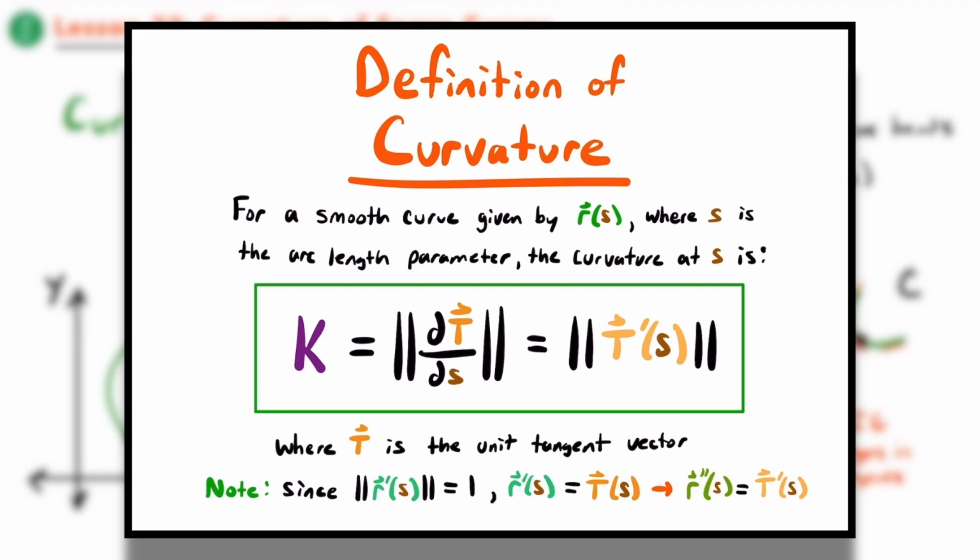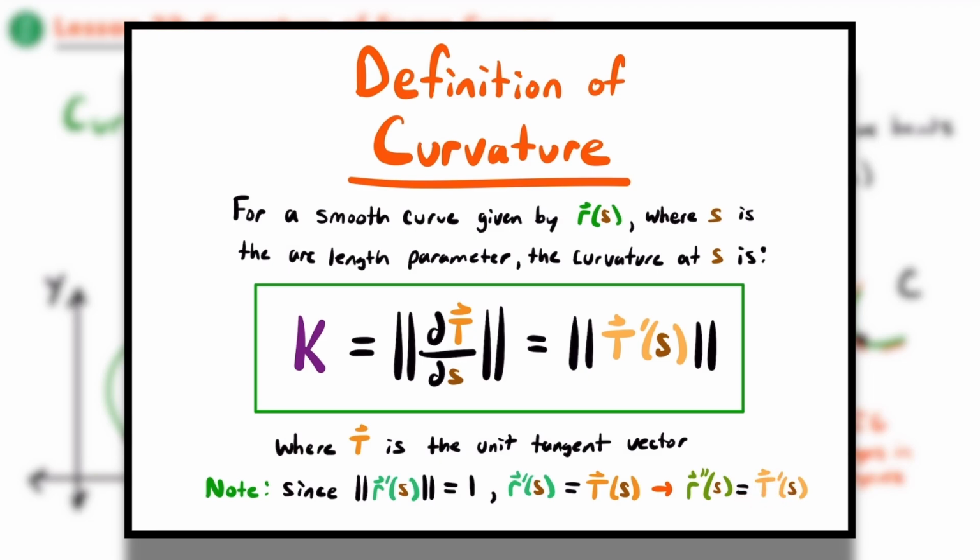So because of that, since the magnitude of r prime of s is equal to 1, that means that r prime of s would be the unit tangent vector T of s, and so the derivative of that would also be the second derivative of the vector function in terms of s. If you take the derivative of r prime of s, you get r double prime of s, and since that would be the unit tangent vector in terms of s, that means that r double prime of s would be equal to T prime of s.